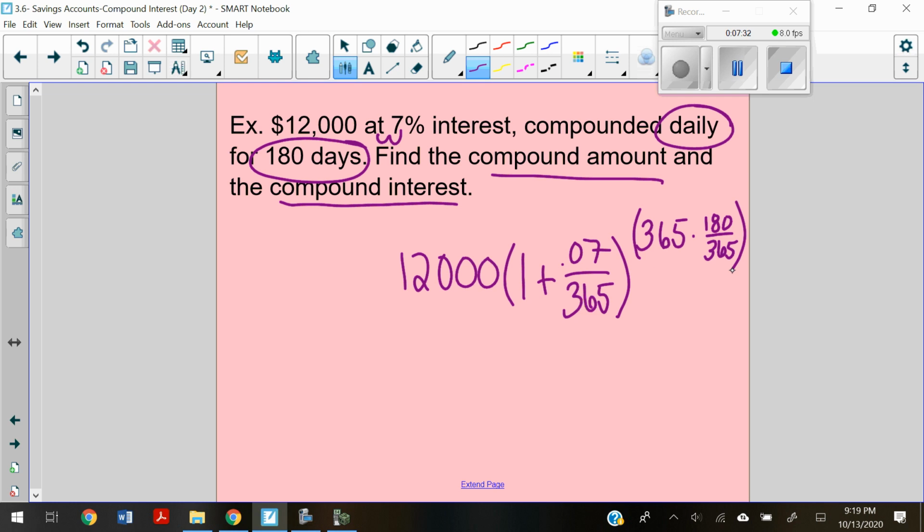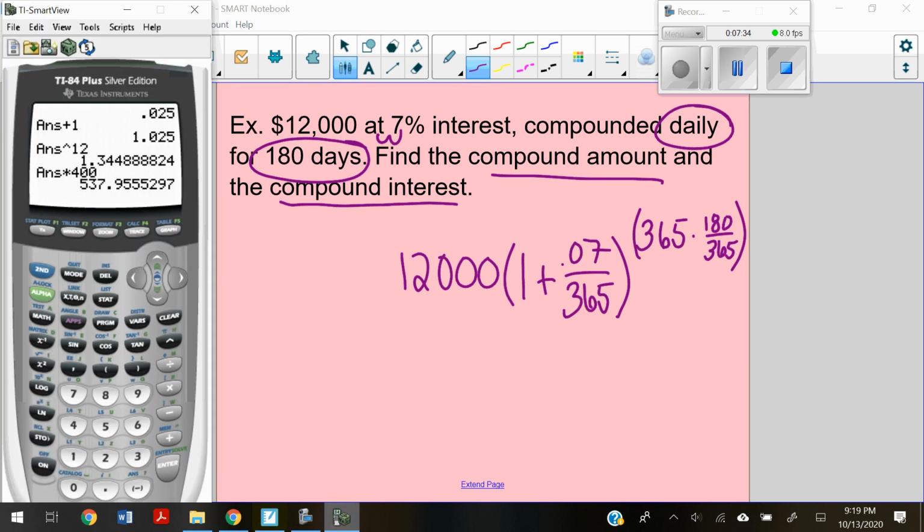All right, so let's grab a calculator and type that in. 0.07 divided by 365. Oh, come on. There we go. Divide by 365. Well, I think I know why. My pen was in my hand. All right. So we add that to 1. And we take it to the exponent.